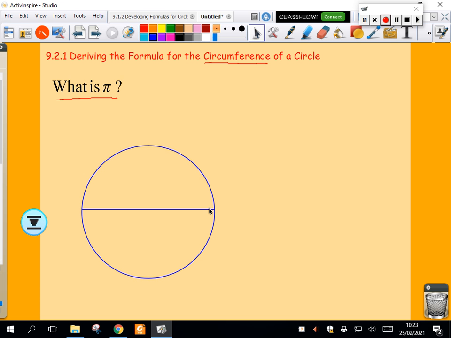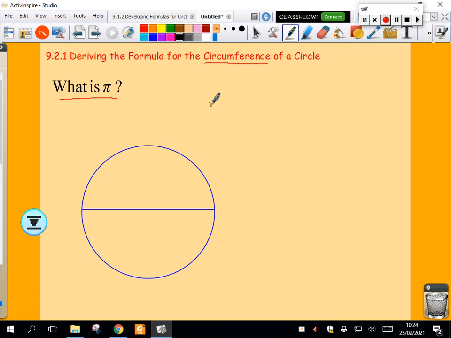And then they started to try to get more and more accurate with that number. Instead of saying about 3, they were able to say, well, actually it's about 3.1. And then they were able to say, actually it's about 3.14. And they had a name for this number, which they just called pi.